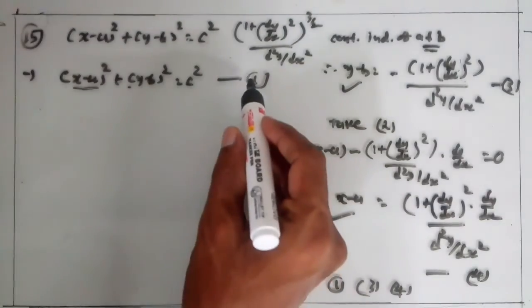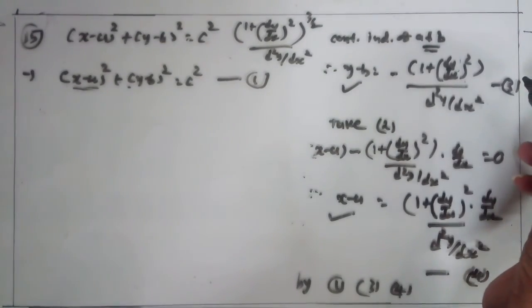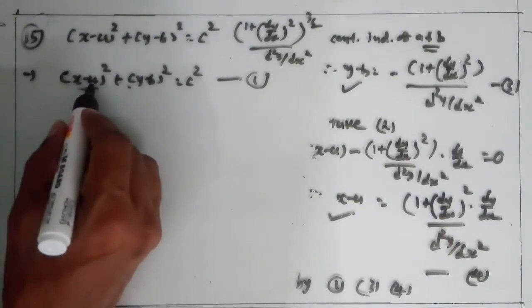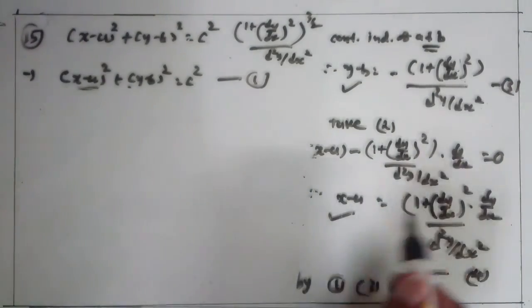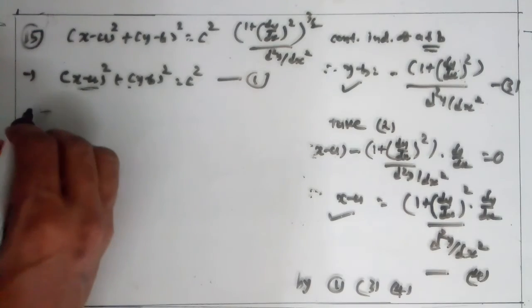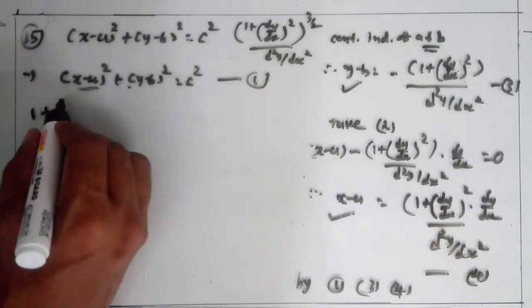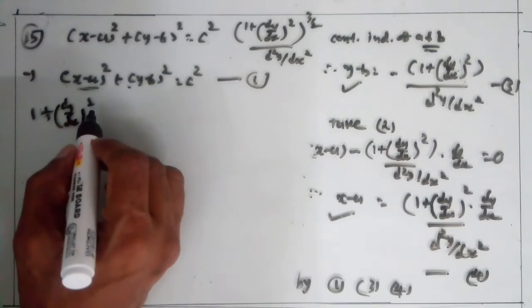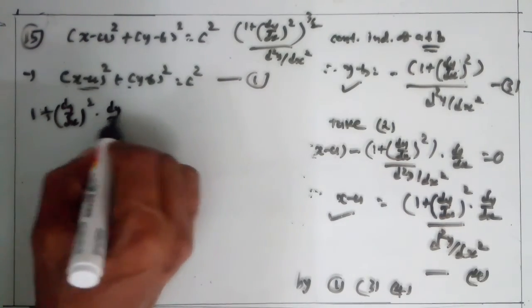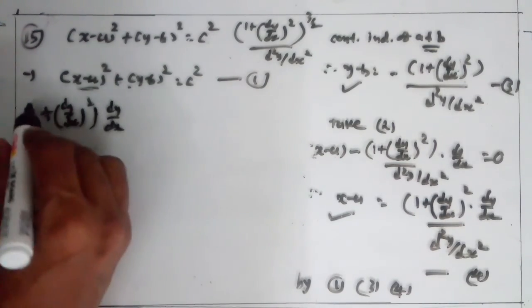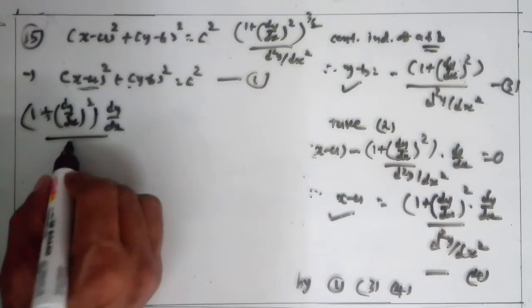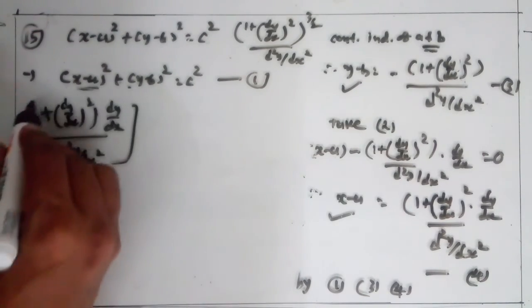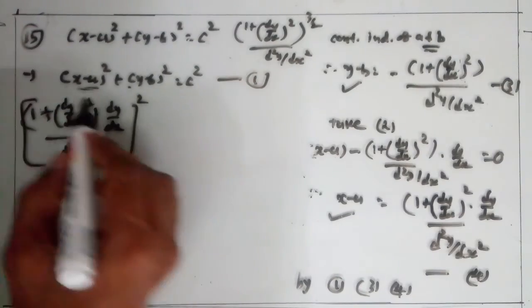So using result 1, 3rd and 4th, x − a is equal to [1 + (dy/dx)²] into dy/dx upon d²y/dx², the whole raised to 2, given.